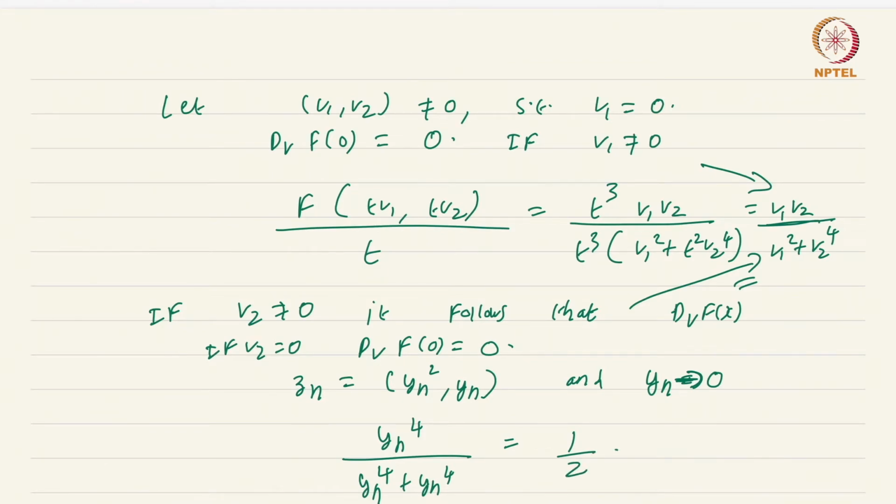So when you approach along this parabola, you get half, but f of (0, 0) is equal to 0 because we had defined f to be 0 whenever x is 0. So this shows that f is not continuous at the origin, and therefore f cannot be differentiable at the point 0.